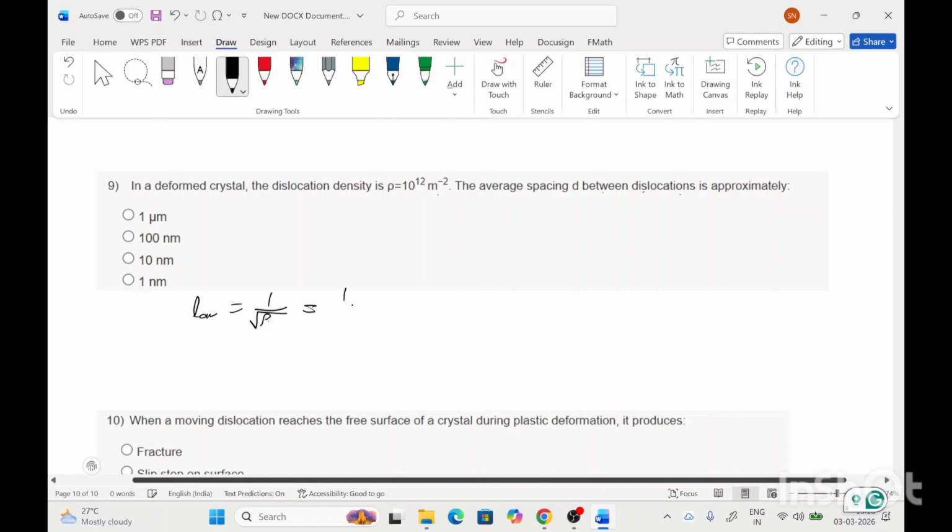If we put 10 raised to power 12 per meter square, this will be 1 by 10 raised to power 6 per meter. So this will be 10 raised to power minus 6 meter, which is 1 micron.